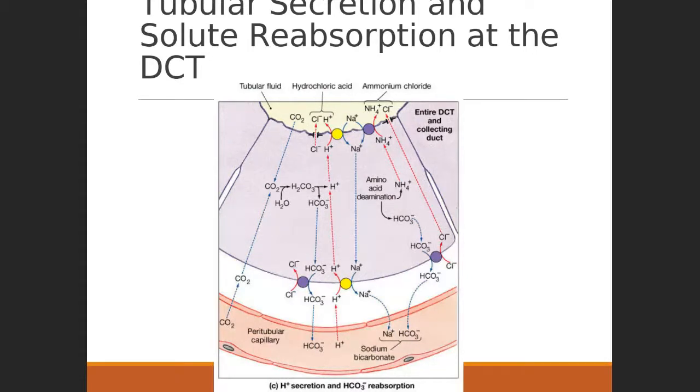We can secrete hydrogen ions by way of another pump, our sodium hydrogen pump. If pH gets too low, if the blood becomes too acidic, we can activate these pumps, dragging hydrogen out of the blood and dumping it in our tubular fluid to be let go into the urine.